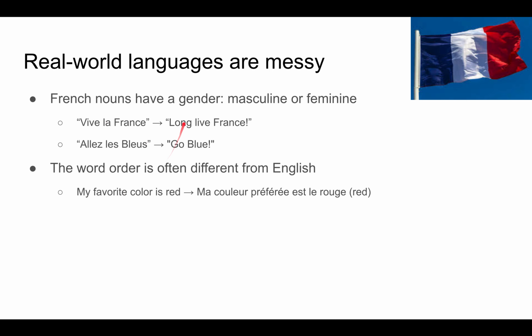So there are a lot of rules you have to remember if you want to learn French and speak French natively. Another weird thing about French is the word order is often different from English. For example, my favorite color is red would be translated as ma couleur préférée est le rouge. And obviously, it's quite easy to guess which word is which because the words are quite similar.